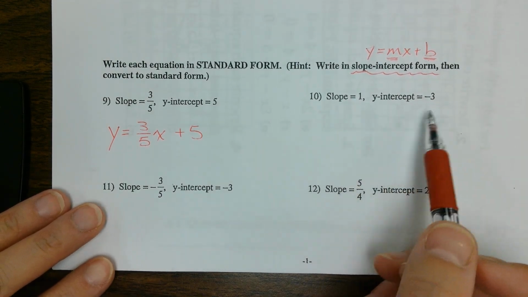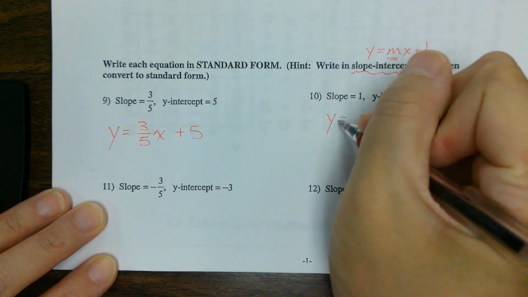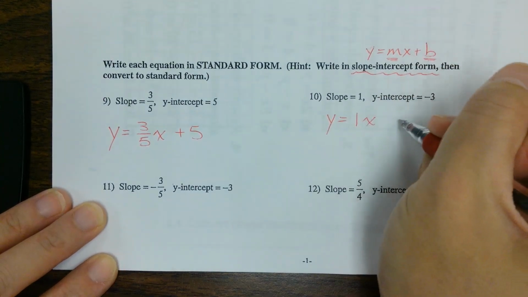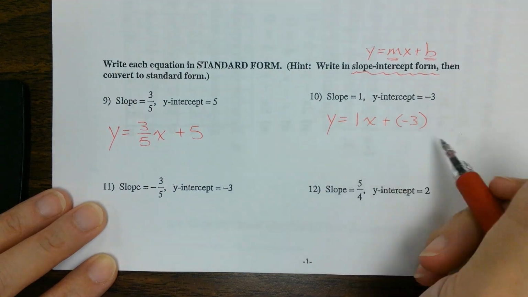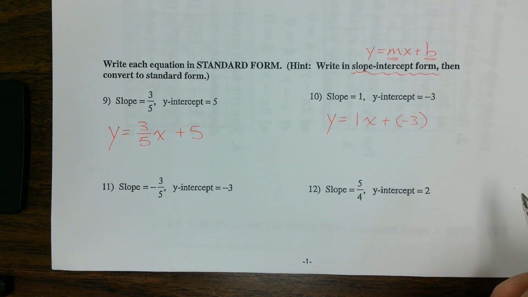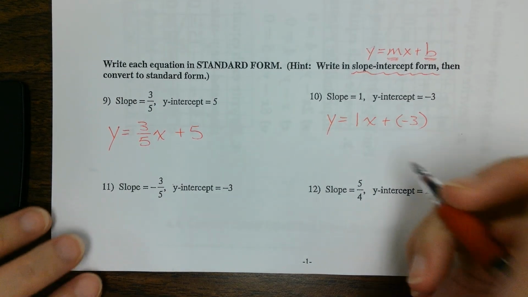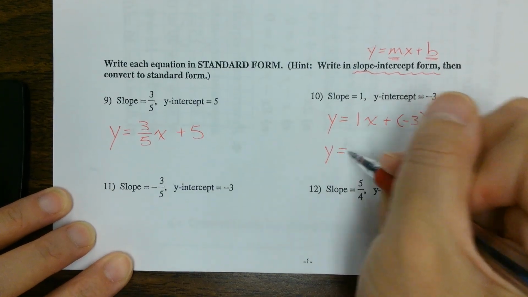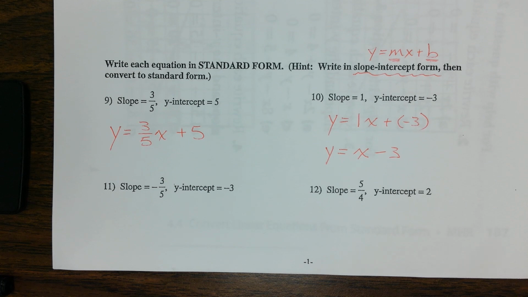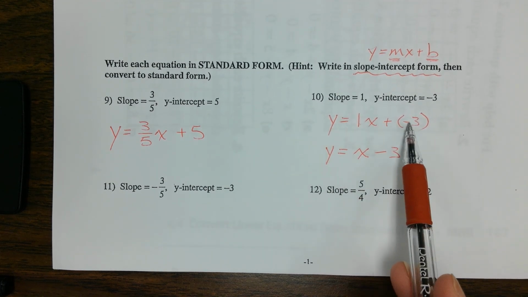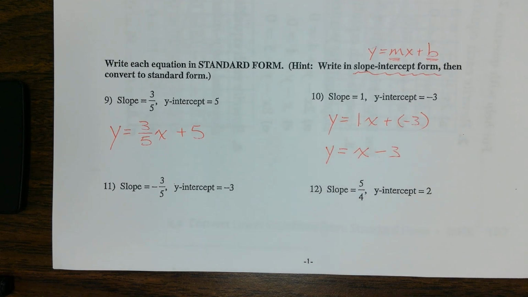This one, same thing. Y equals 1x plus negative 3. But obviously, I can clean this up to make it friendlier. So I can just write y equals x minus 3. The 1 I don't need to write. The plus and minus sign becomes minus.